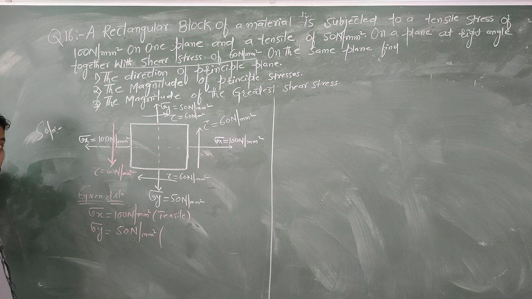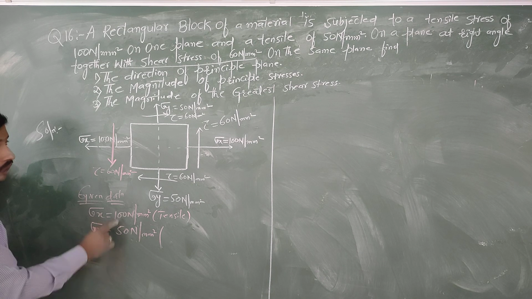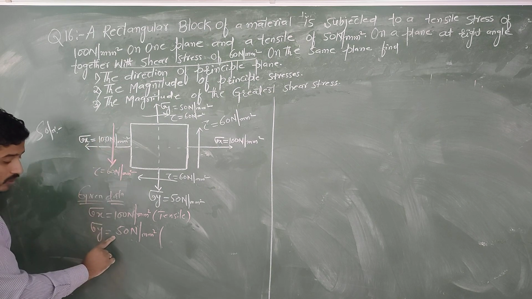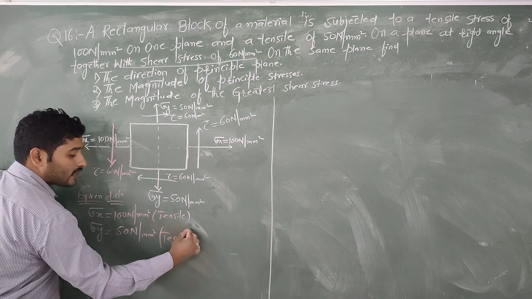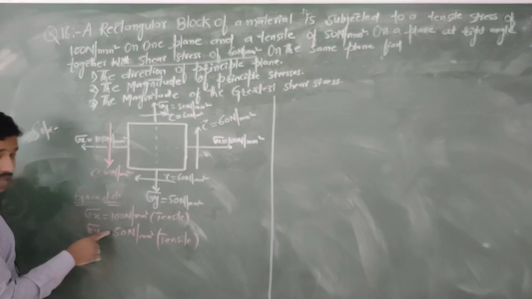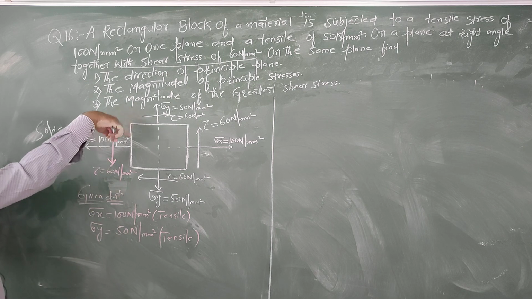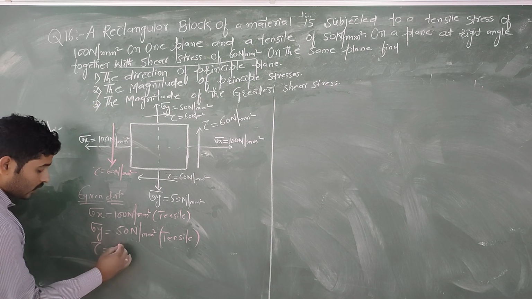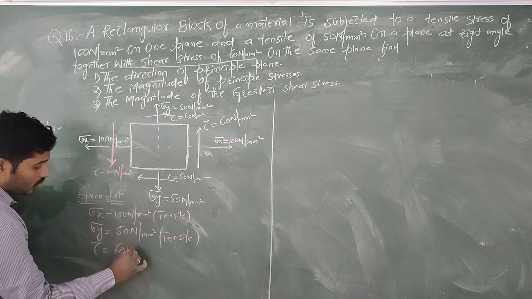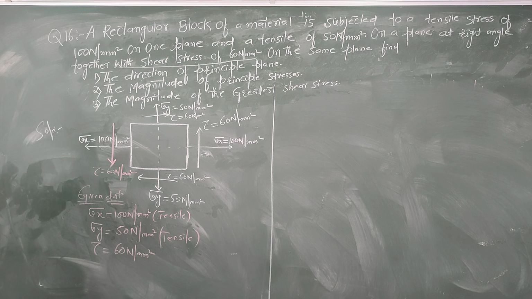If it is compressive, we use the minus sign. Here it is tensile, that's why I use the plus sign, acting in a vertical direction, and the shear stress tau is 60 N/mm².